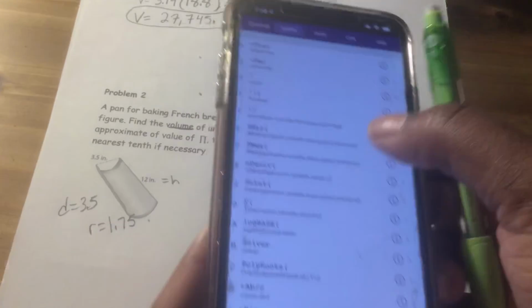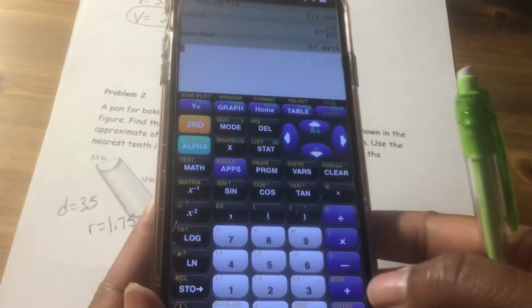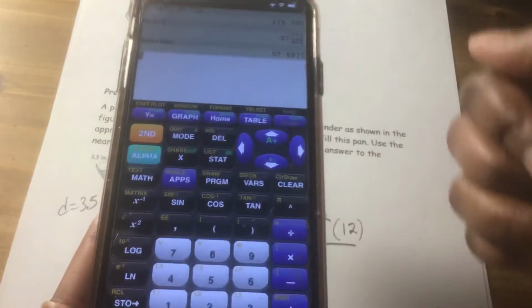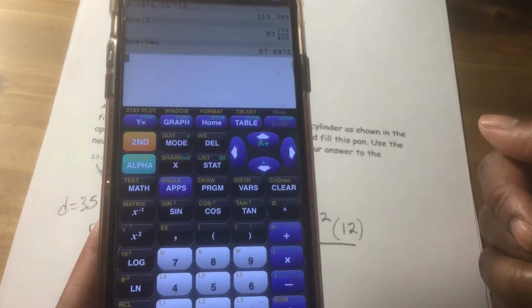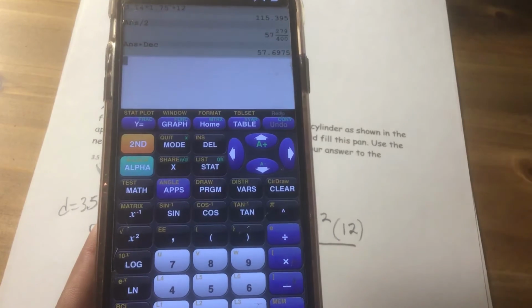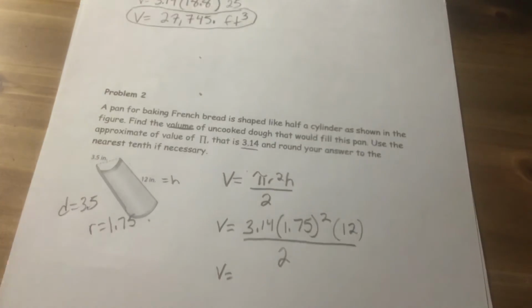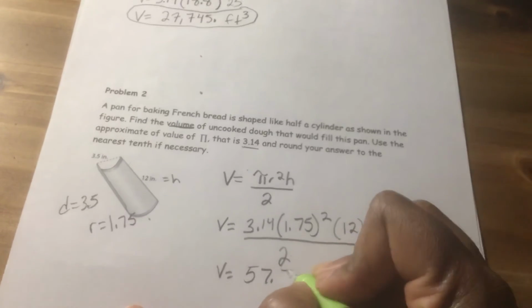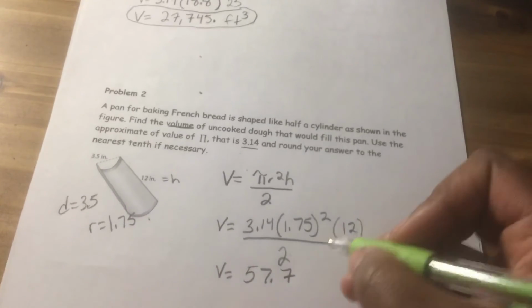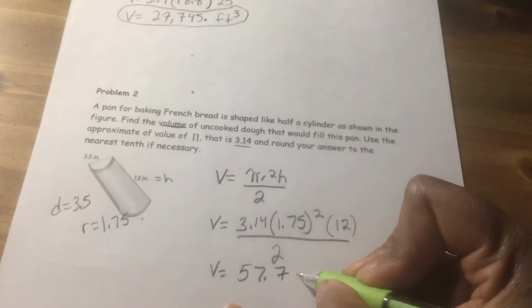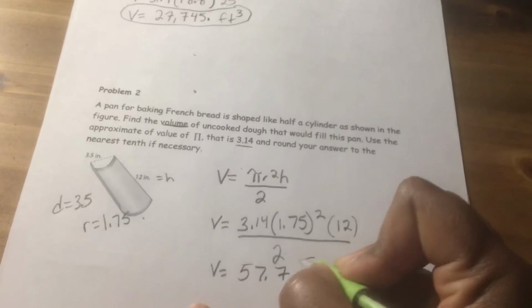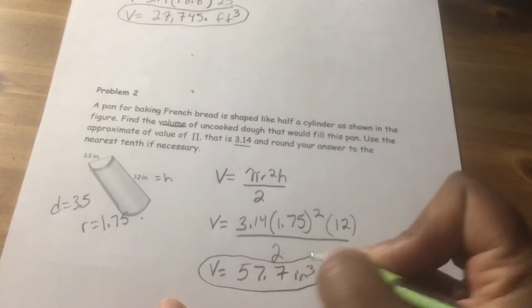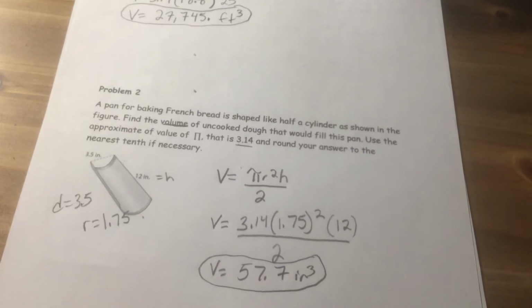I want the decimal answer for this, and we're rounding again to the nearest tenth, one space behind the decimal. So that is going to be 57.7. And this is going to be inches to the third power. Remember, volume is how many cubic units are in a three-dimensional solid.